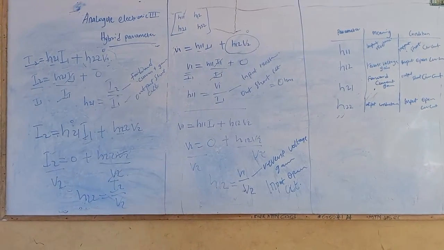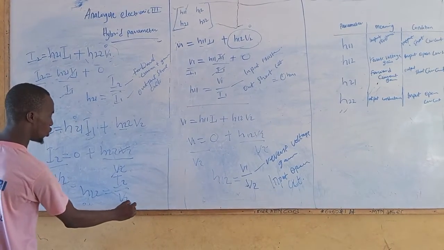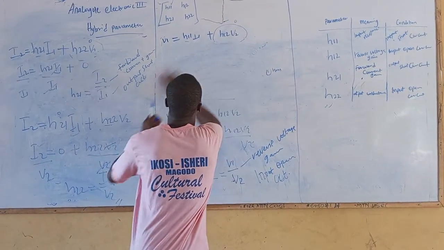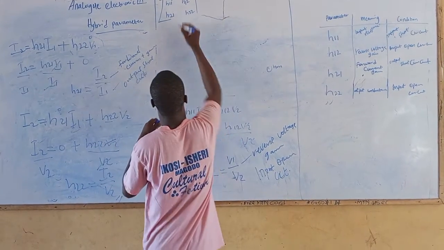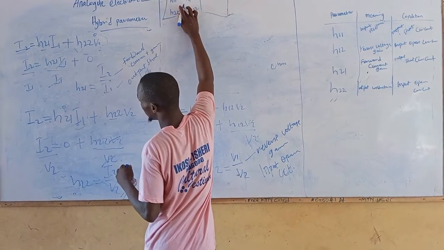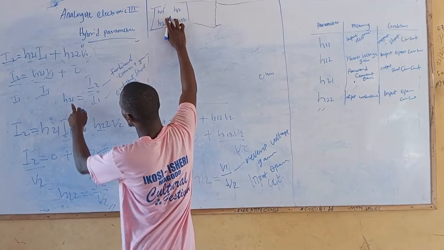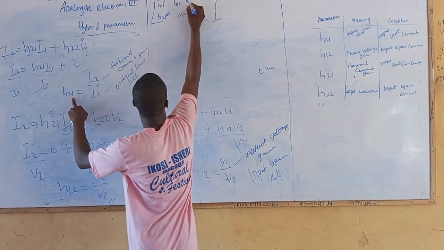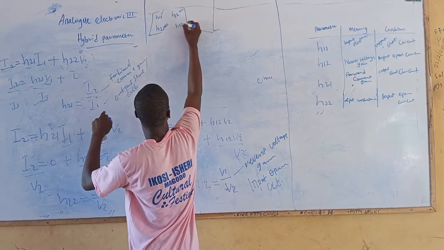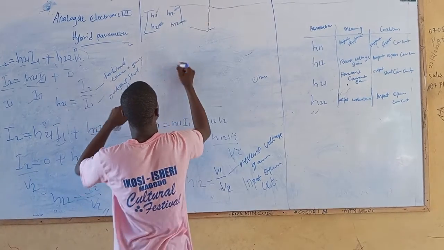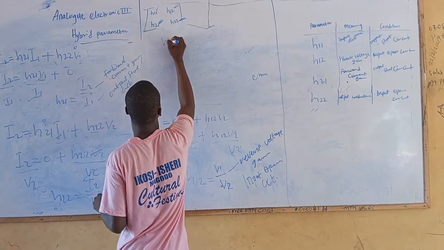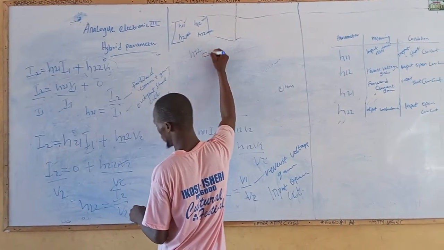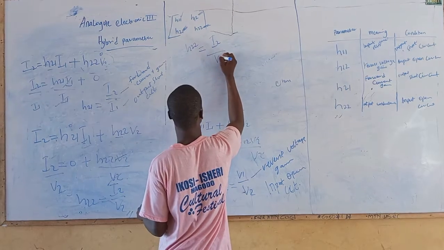So back to our Ohm's law. You know, we get this already. H11, H12, H21 are dimensionless, with no unit. The next one we are looking at is H22, which gives us I2 over V2.